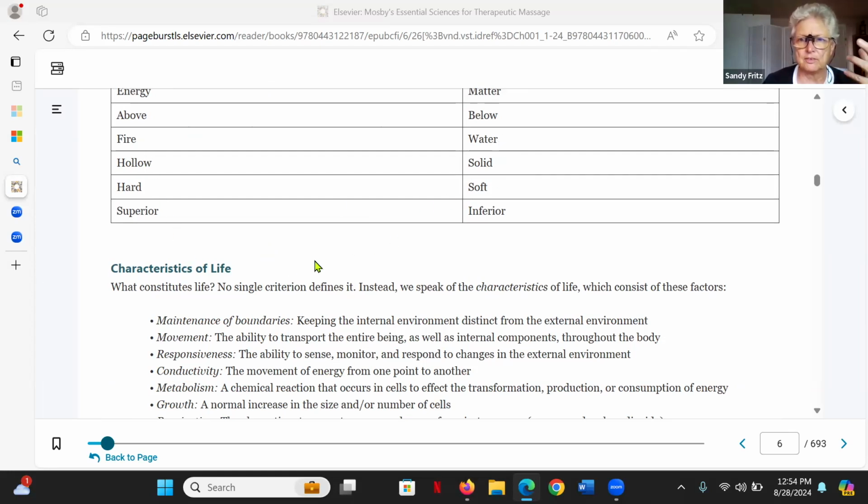And our body works that way. If there's a stimulus that turns up a function, there is also something that turns it down. And homeostasis is that dynamic balance between all of that.